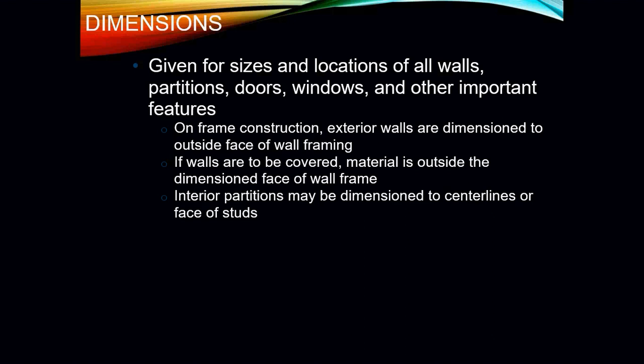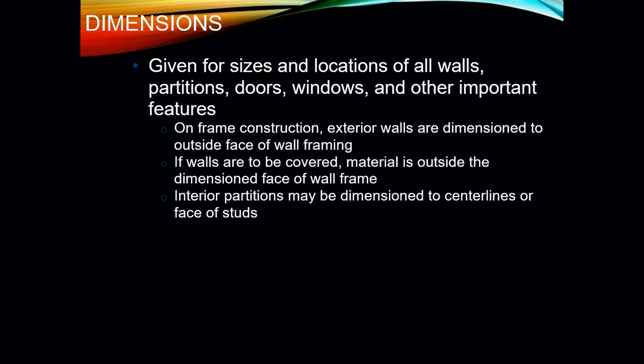Dimensions on your plans are going to give you the size and location of all of your walls. They give you the size of your partitions, the size of the doors, your windows, and a lot of other important features. On the framing construction, all of your exterior walls are dimensioned to the outside face of the wall frames, and if the walls are to be covered, the material is outside the dimensioned face of your wall frame.